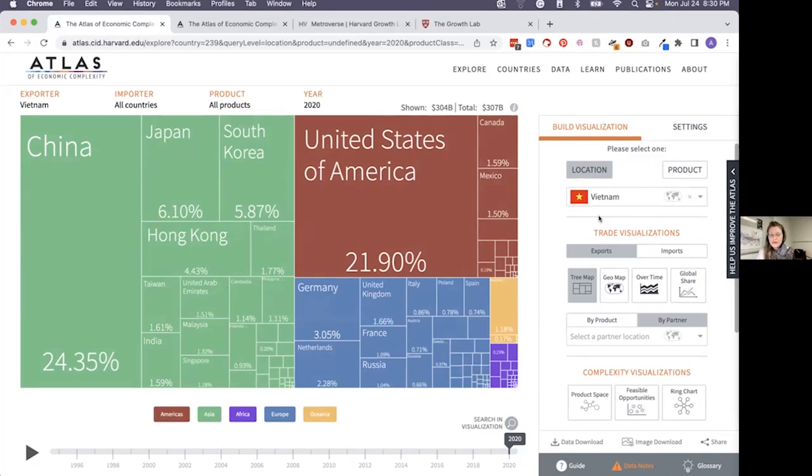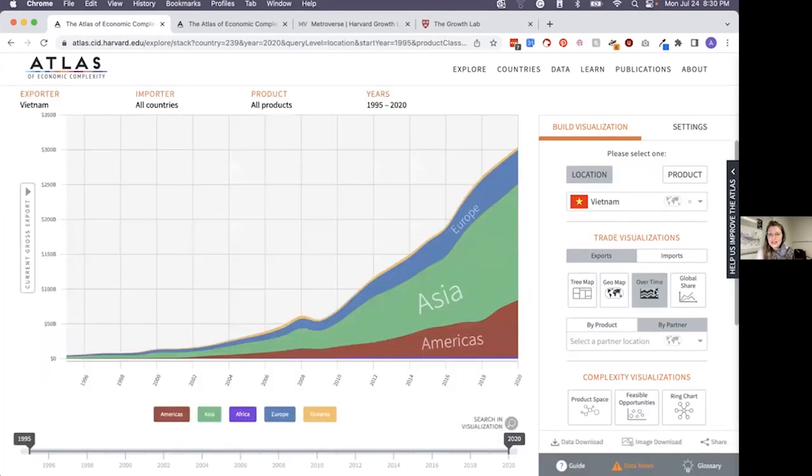Of course, this is not the only data visualization in the Explore section. So I was talking about how time series is very important in the Atlas because we want to see what changes over time. The tree map can do that for you, but it's a snapshot of each individual year. You can also come to this stack graph and see that data over time.